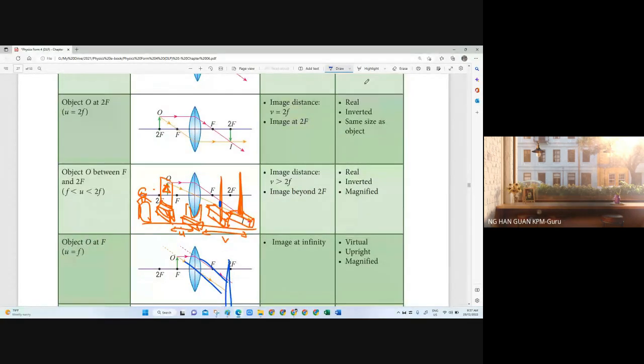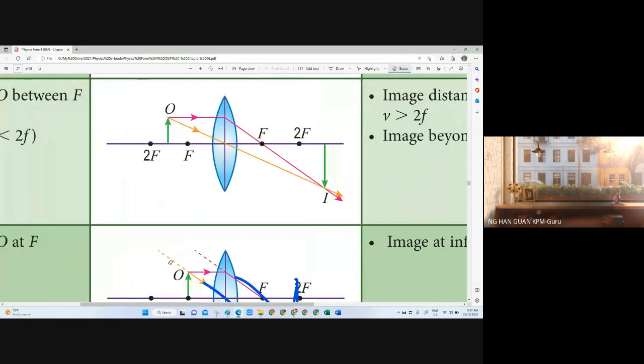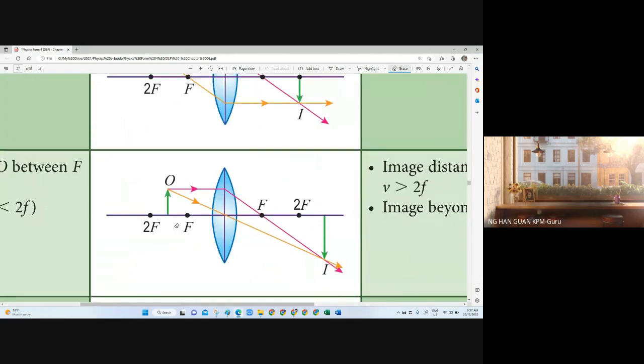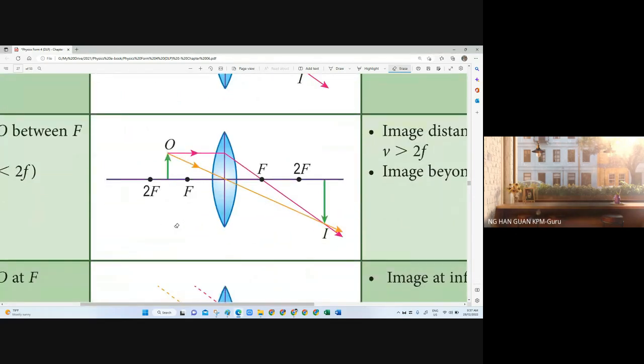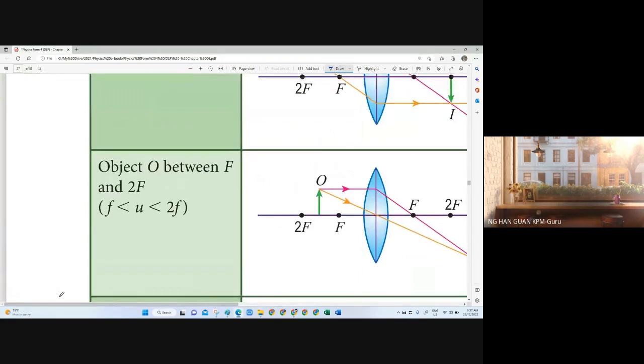All right, so like this case, just an example here. Okay, assuming that we don't know about the image, we only know the object. So the object is located here. It tells you this information. Right? So we don't need to look at the diagrams. Just look at this one.